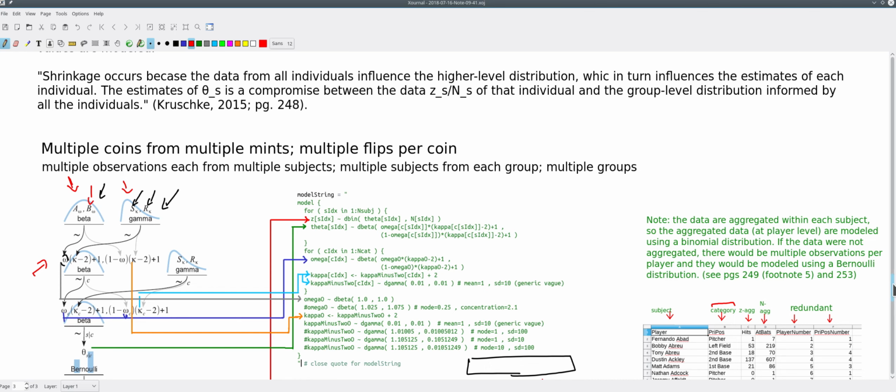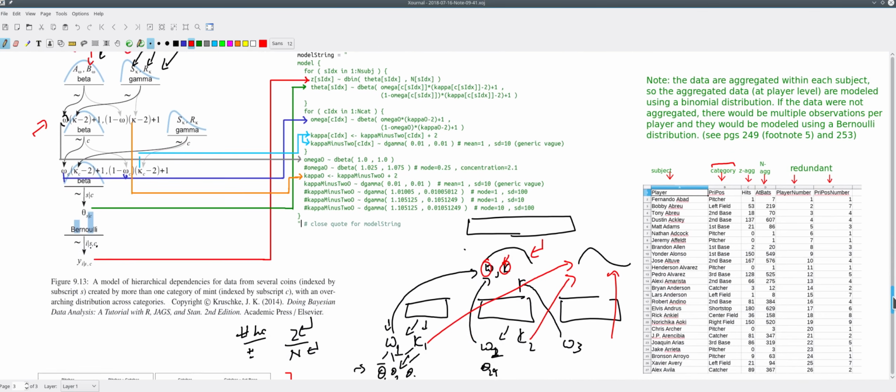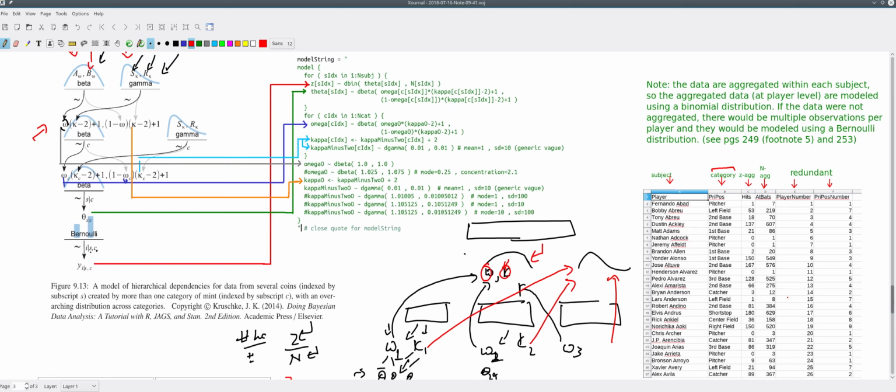So there's no one-size-fits-all approach that we can use. It so happens that in our case we have data related to their primary position, and we are saying we are going to model the distribution of hits to at bats ratio using a combination of variability at the individual level and at the category level.